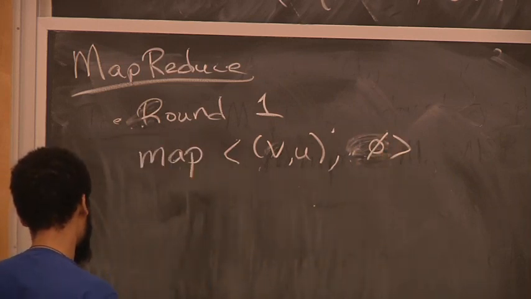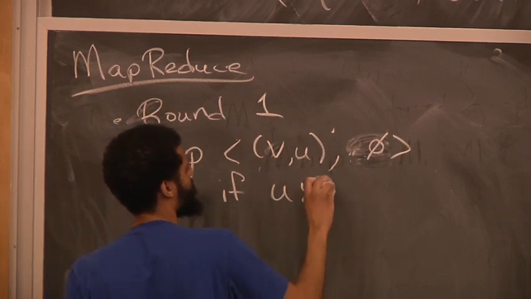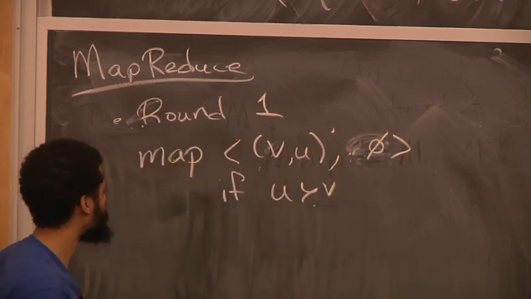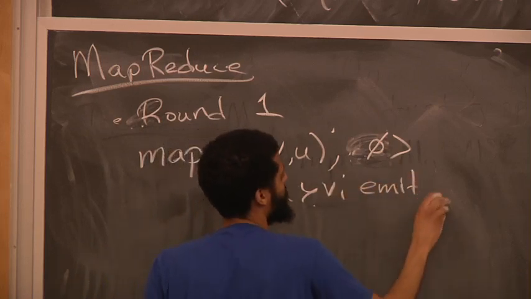And it just says if u is actually bigger than v in this order, then I'll emit vu.